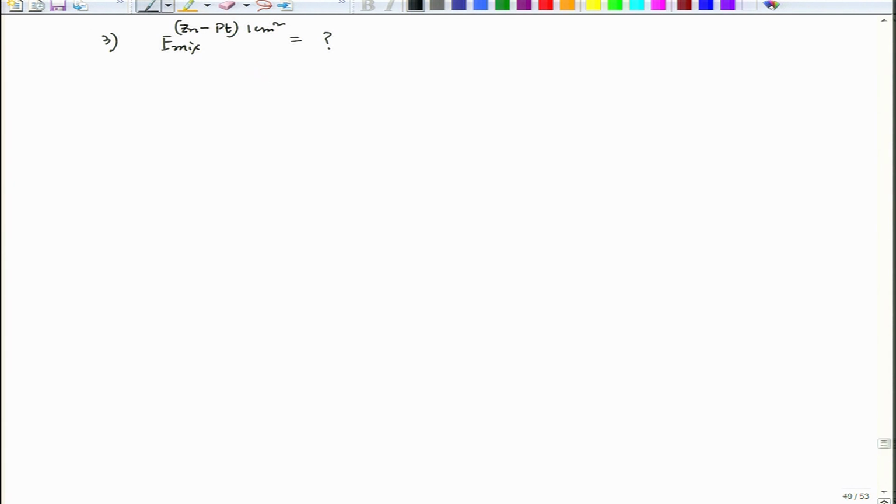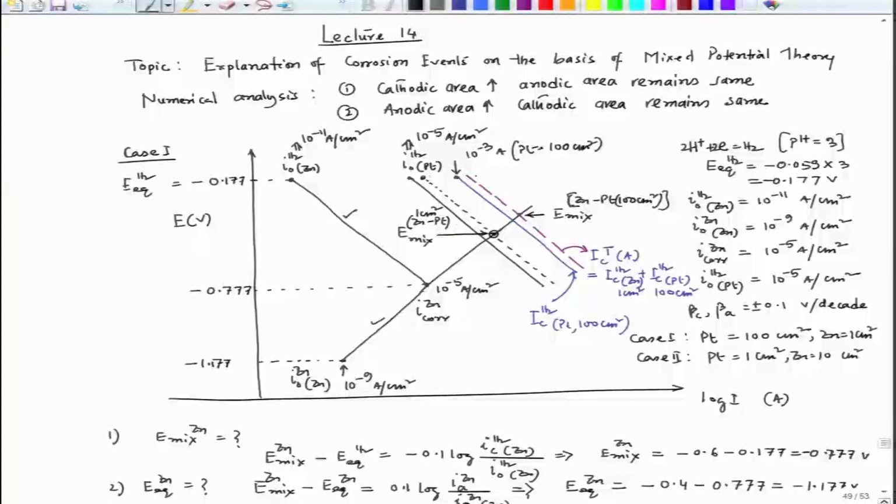We have to find out this point. So this point would become 10 to the power minus 11 plus 10 to the power minus 5, which is nothing but 10 to the power minus 5 ampere per centimeter square.